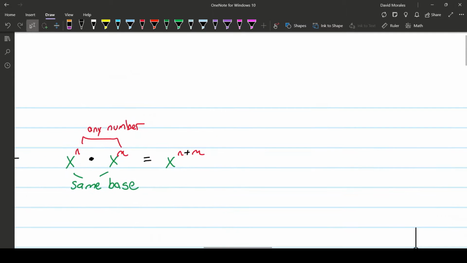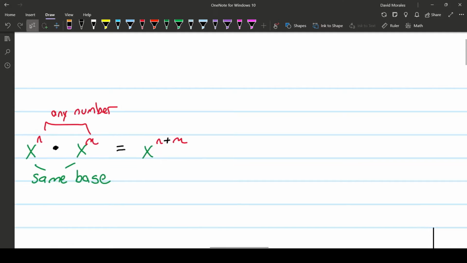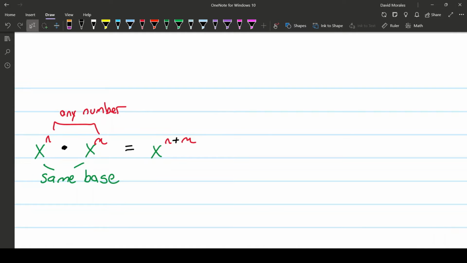The product rule states that as long as I have, you see the numbers in green, the x, as long as they have the same base, it doesn't matter what exponent they have. So for example, let's just imagine that 2 is my base. These are my bases.